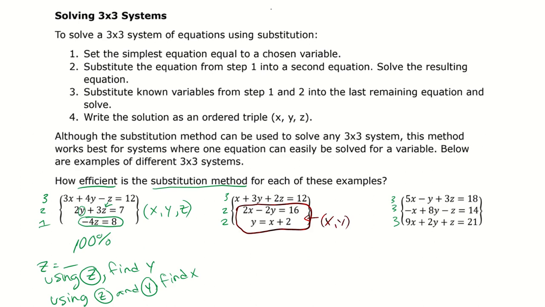So using that x and y that you found using those skills from algebra 1, now you can plug in on the equation that has 3 variables, and then you can find z. So substitution method can be used as well in this scenario.